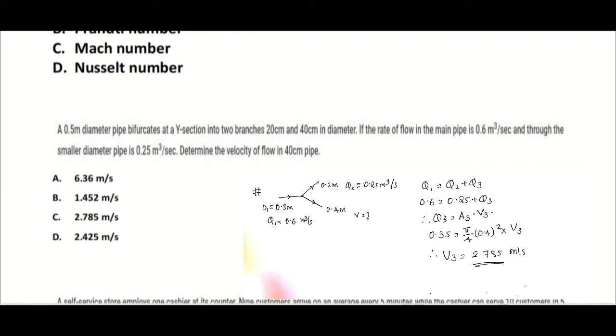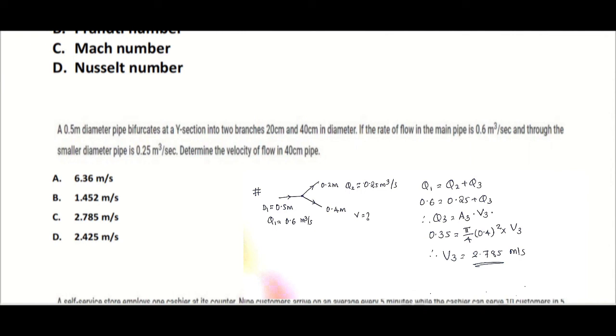From that, we need to calculate. We need to find the velocity through the 40 centimeter pipe. The total discharge Q1 is equal to the sum of the discharges from the branches, that is Q2 plus Q3.